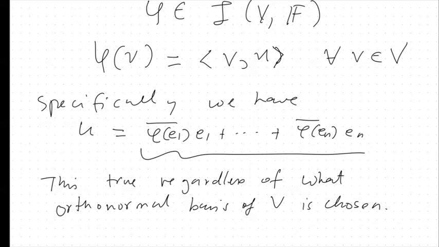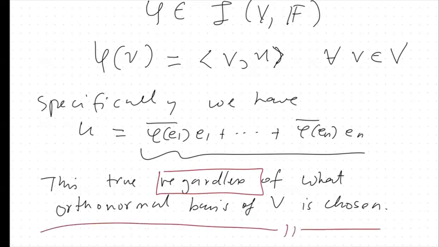But in case you already have an orthonormal basis which is different from the one derived from the Gram-Schmidt process, but again it is orthonormal, then the remark in 6.42 tells us that it doesn't matter. So this vector is unique. The keyword here is regardless of what orthonormal basis of V is chosen. Okay, so I think I'll end here.